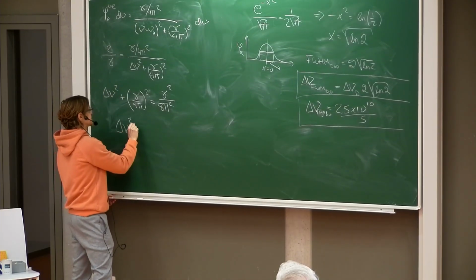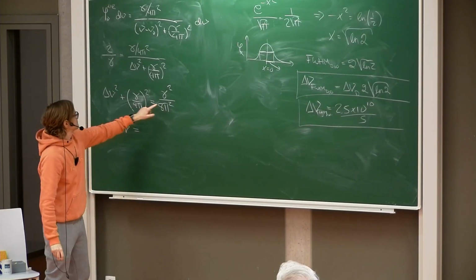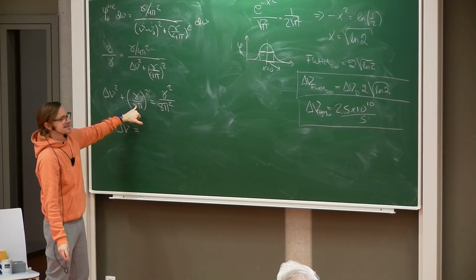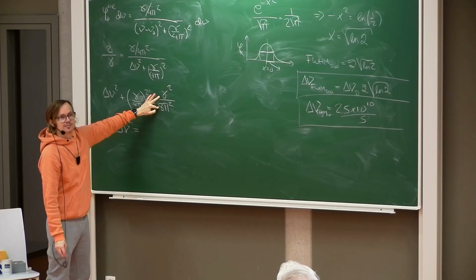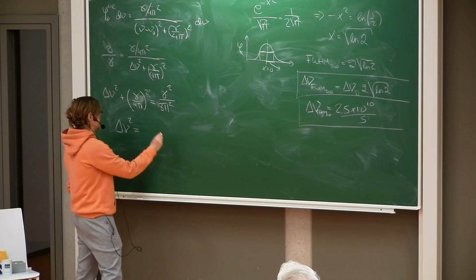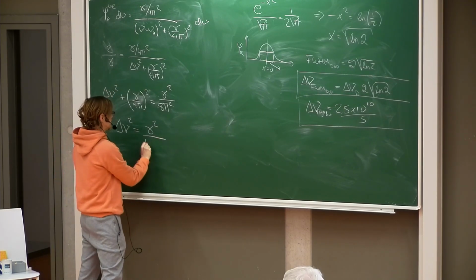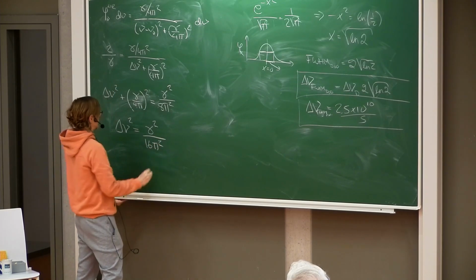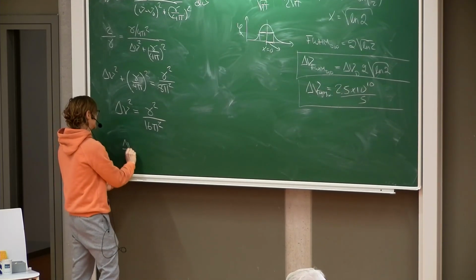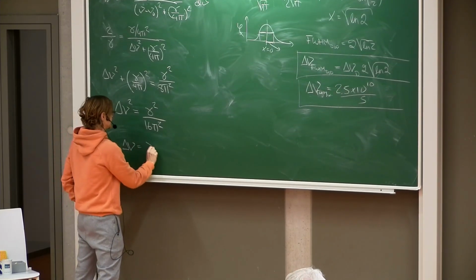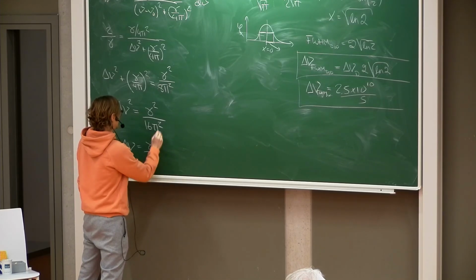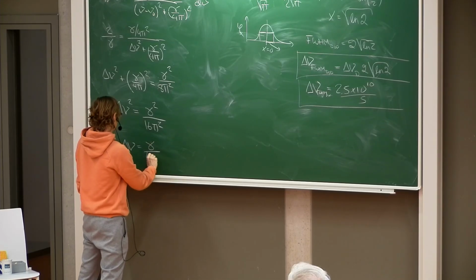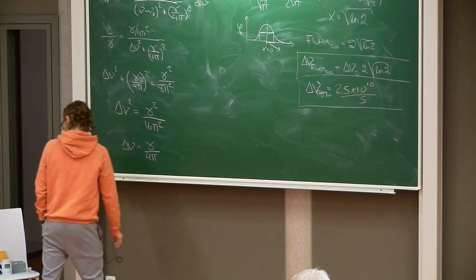So delta lambda squared is this minus that, but that's just 16, right? And this is 8, so this is 2 divided by 16, so we're left with 1/16. So this is then pi squared, or that the delta lambda is this divided by 4 pi. Okay?